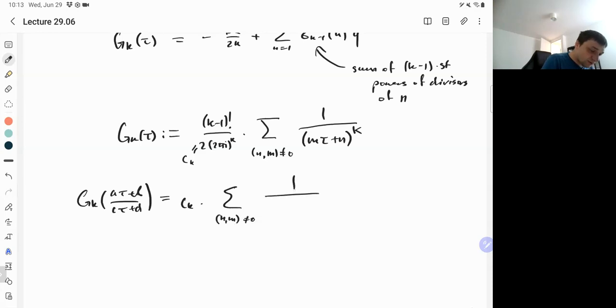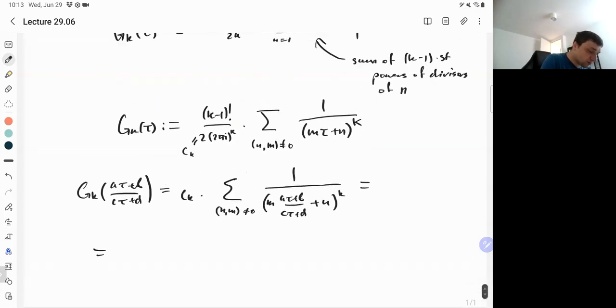When you plug in this fractional linear transformation in the denominator, you can see that (cτ+d)^k you can carry out of the summation. So it's some constant times (cτ+d)^k.